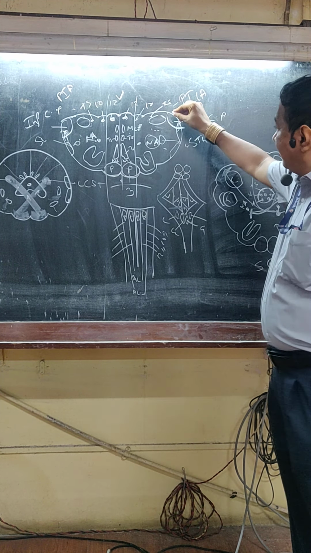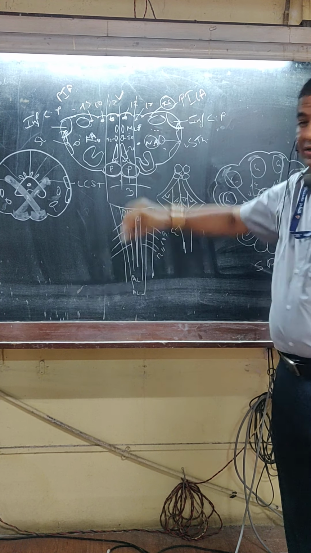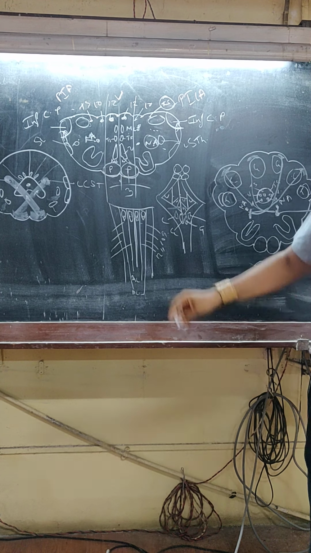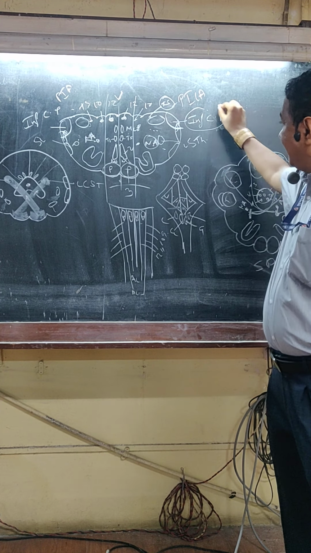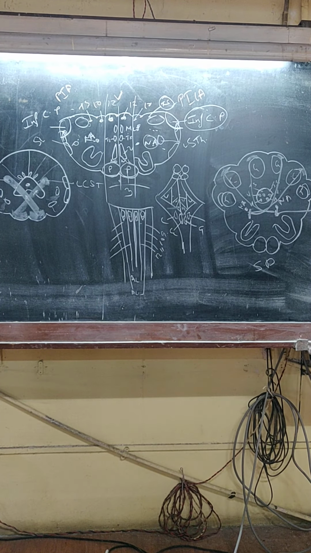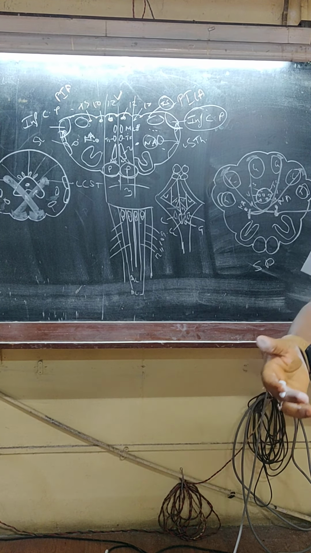Then the nucleus of tractus solitarius is getting affected, so no taste. Inferior cerebellar peduncle getting affected, so difficulty in balancing because the cerebellum is affected.